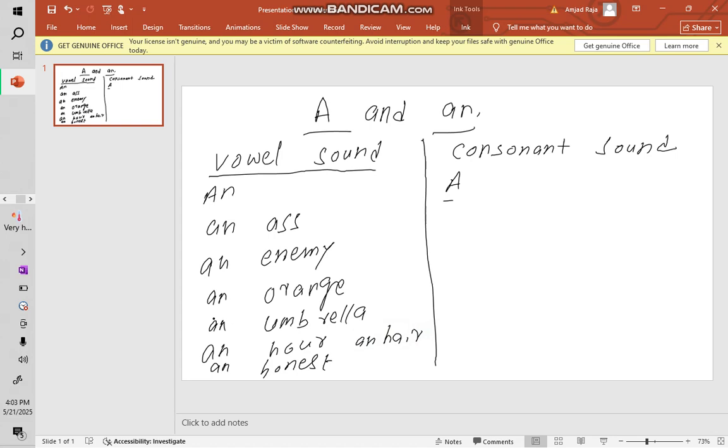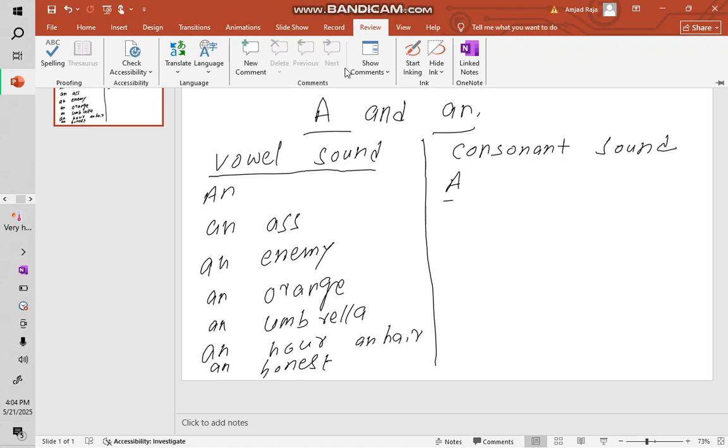So you can see here I have taken words which are starting with vowel alphabets as well as consonant alphabets, but I have included them with the vowel sound because our main focus is not the alphabets, but the sound. So you can see here an hour. We are actually not pronouncing this H sound.